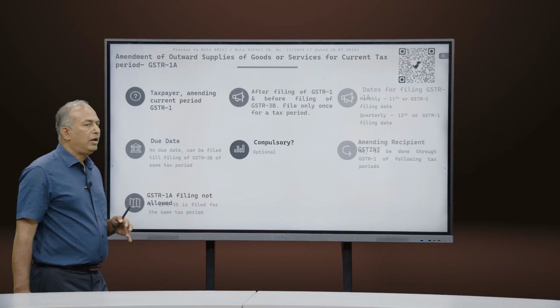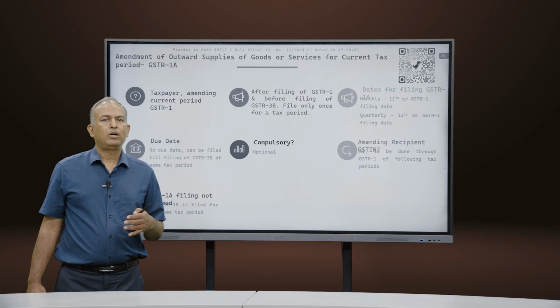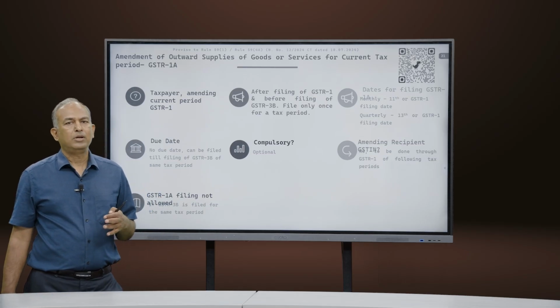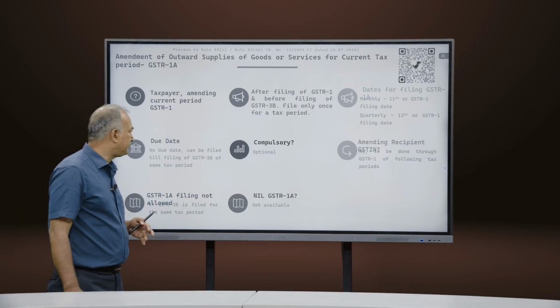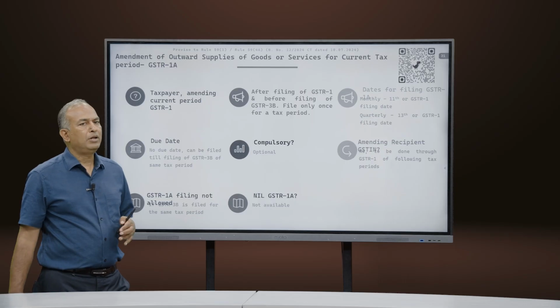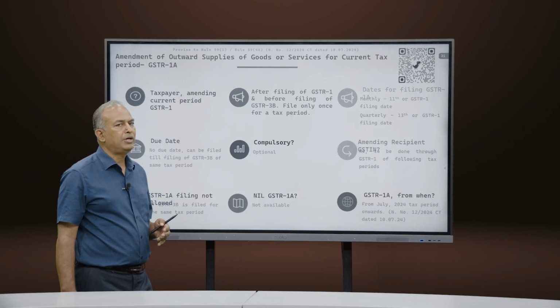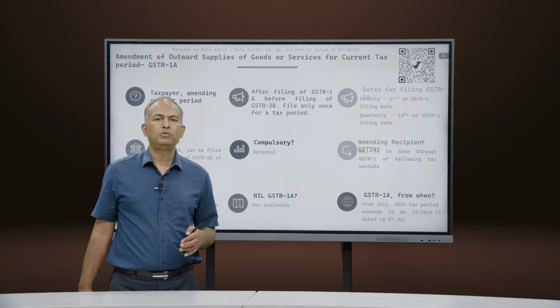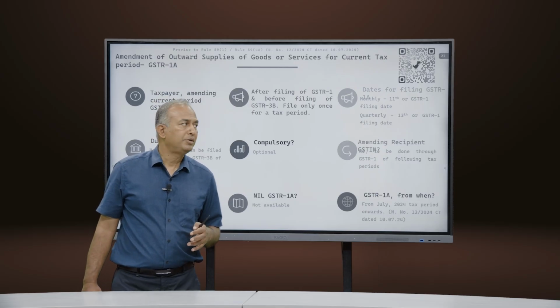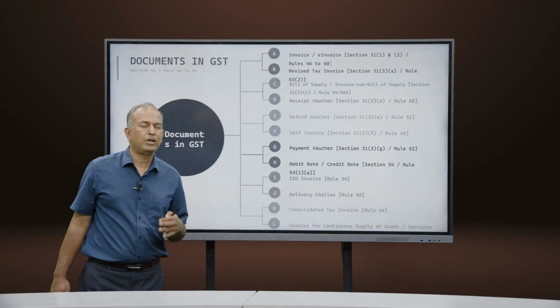Is filing of GSTR 1A allowed after the filing of the GSTR 3B for the current tax period? It will not be allowed. Is there a concept of nil GSTR 1A? There is no such concept. From when is GSTR 1A available? It is available from July 2024. This is the brief of GSTR 1A.